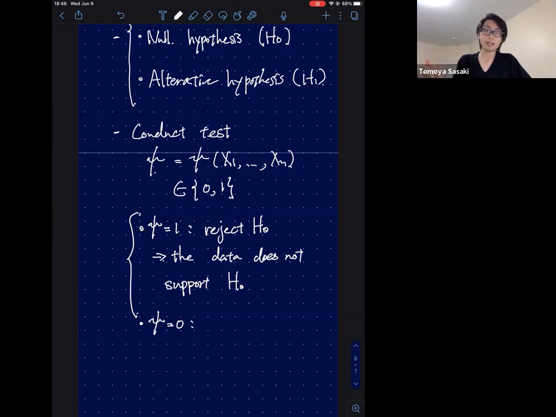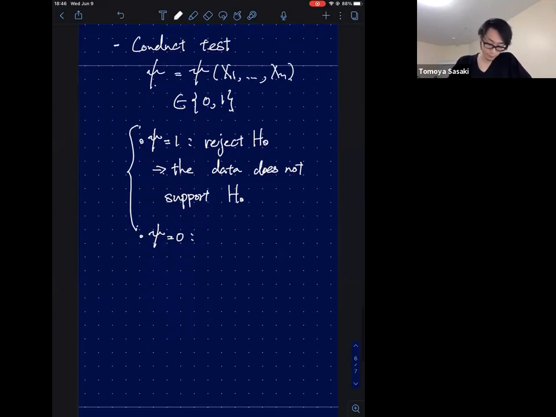What the data can tell is whether to reject the null hypothesis or not. And I think in the lecture we say that the null hypothesis and alternative hypothesis are asymmetric. This is part of the reason why we call these two hypotheses asymmetric.